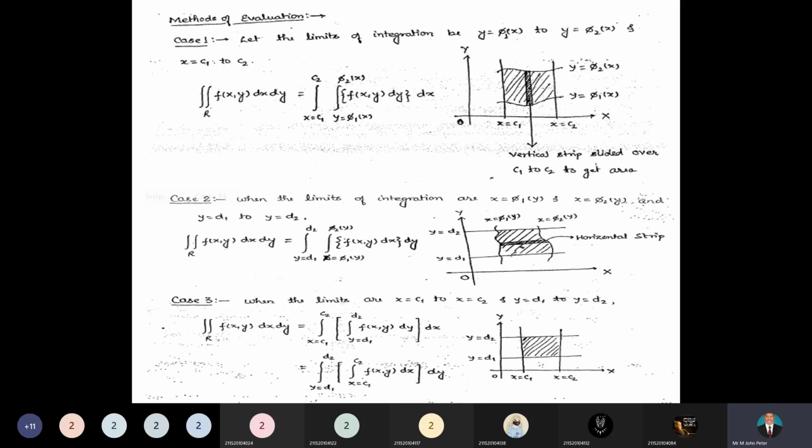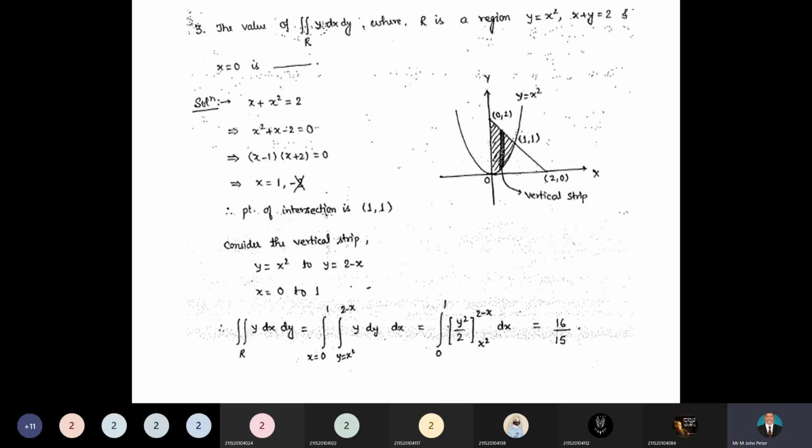For the right side limit, the horizontal strip touches the curve, so you have to rearrange that curve equation as x equal to some function of y. That is the upper x limit. In this manner, you have to identify the x and y limits. Okay, two ways you can solve. Most of the time you won't get the third one. That is a simple case.